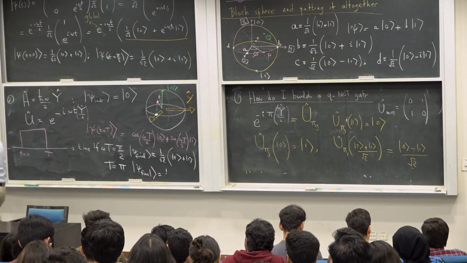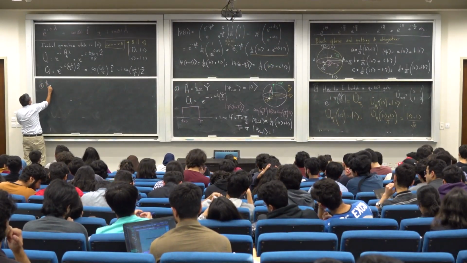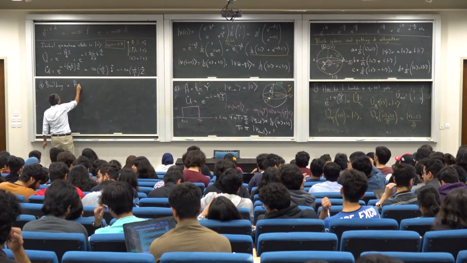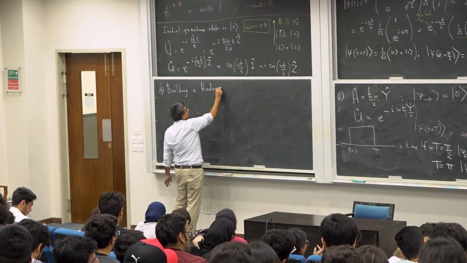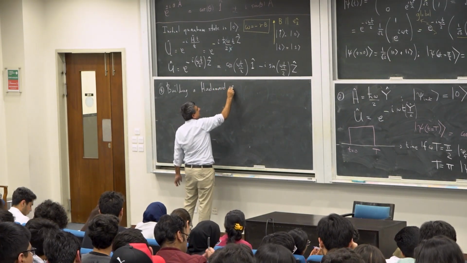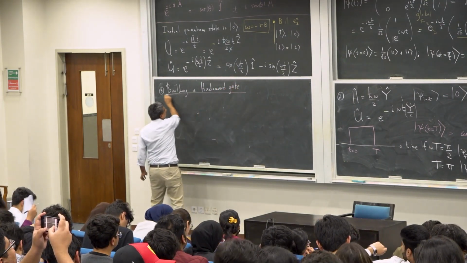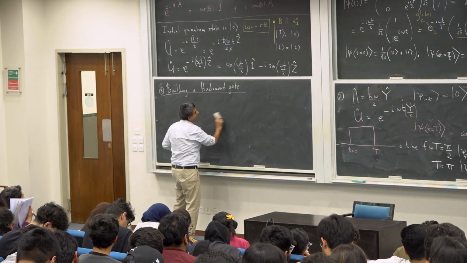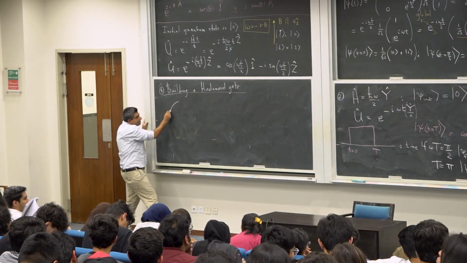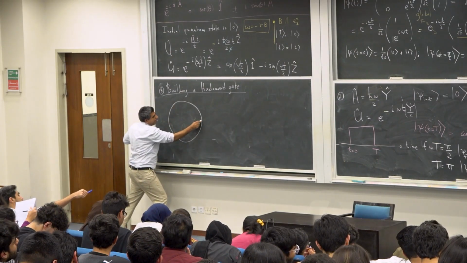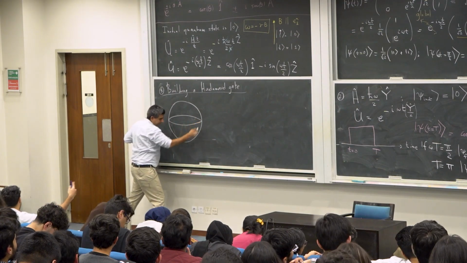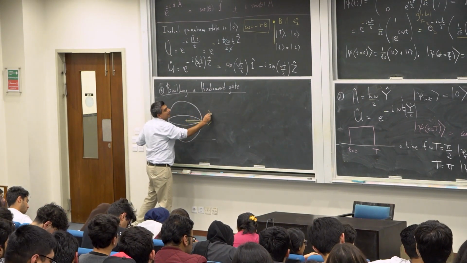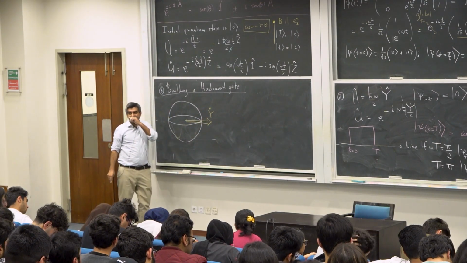Let's see. Bloch sphere, y-axis, and you want a 90-degree rotation about the y-axis.